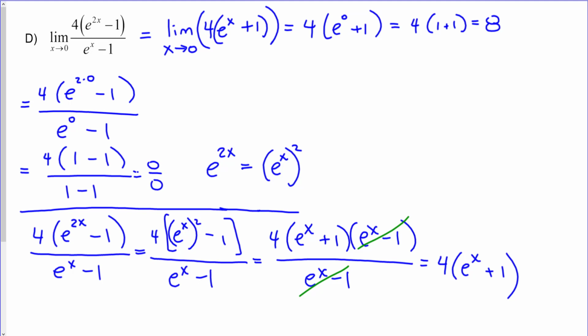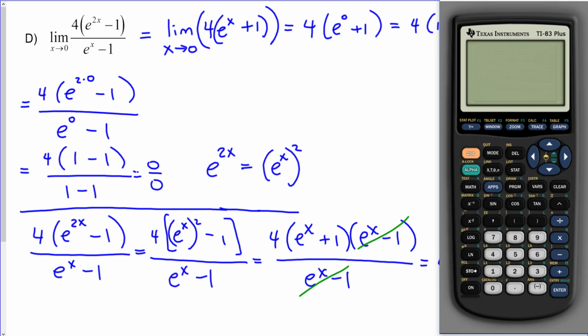So for instance, if you used your calculator and for your function y you put in 4 times e to the 2x minus 1, and the e to the 2x minus 1 is in parentheses, divided by, then in parentheses for the entire denominator, e to the x minus 1, e to the x, and then minus 1 on the outside of those parentheses.